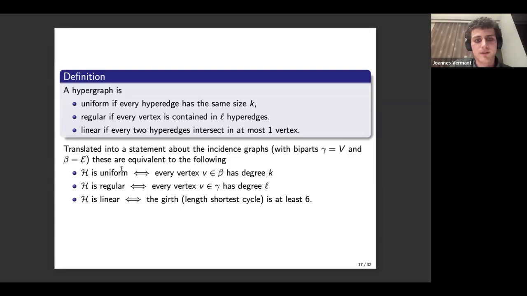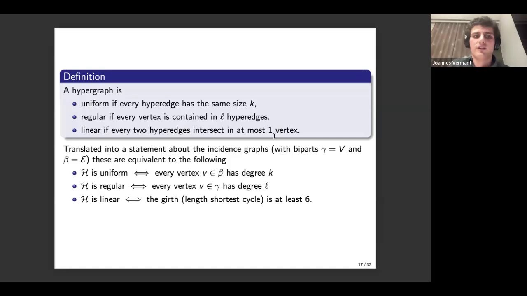The hypergraph is uniform if every vertex in the bipartite part which represents the hyperedges has degree k. The hypergraph H is regular if every vertex which represents a vertex in the original hypergraph has degree L. And a hypergraph is linear if the girth is at least 6.